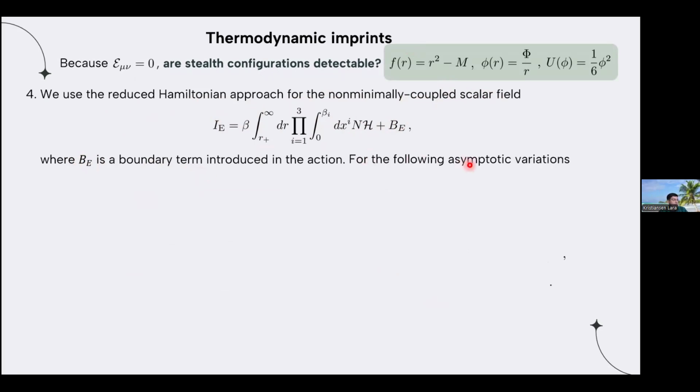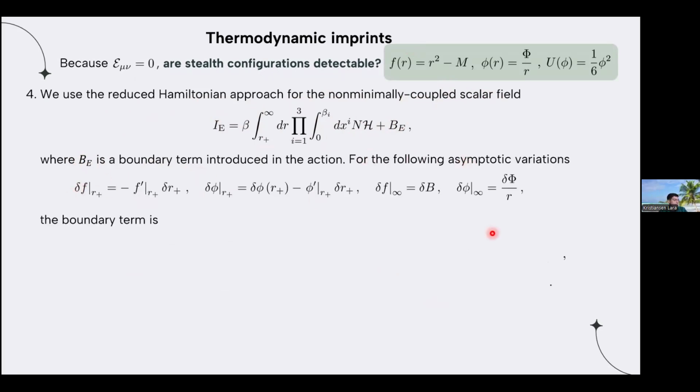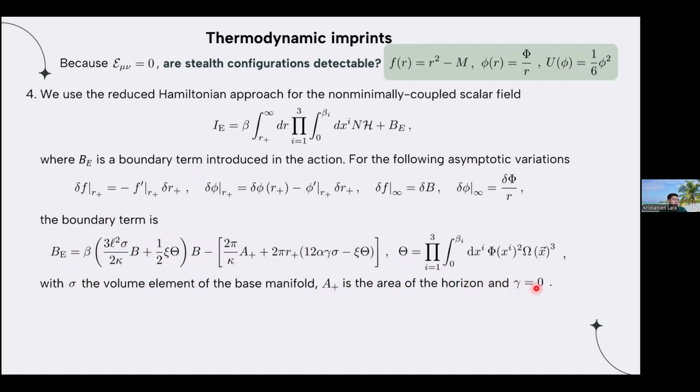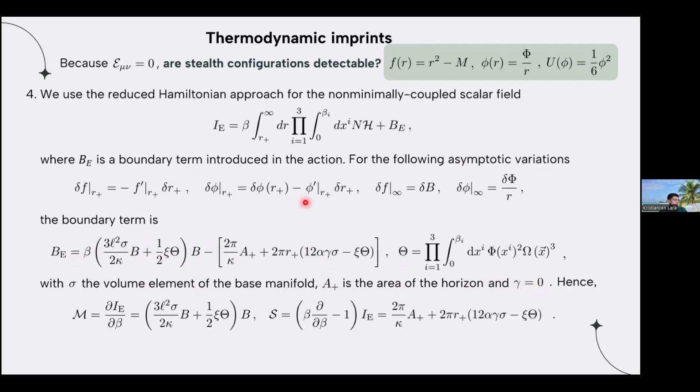So for the following asymptotic variations like this, the boundary term is expressed like this, where capital theta is this expression. Notice the following: with this expression, where sigma is the volume element of the base manifold and A plus is the area of the horizon, for gamma equals 0, it is possible to find that the mass and the entropy are shifted by the action of the stealth.